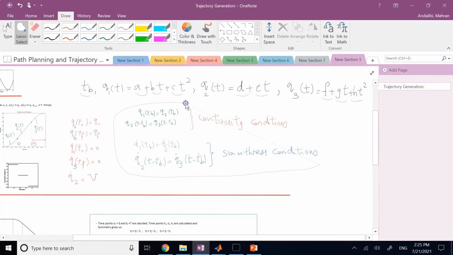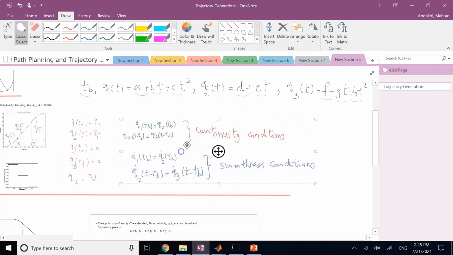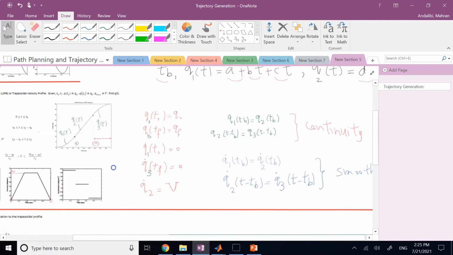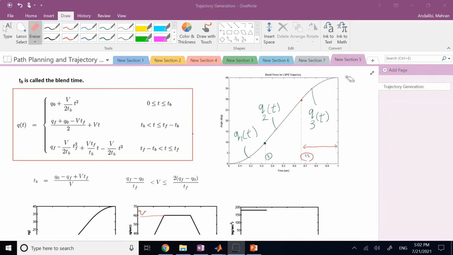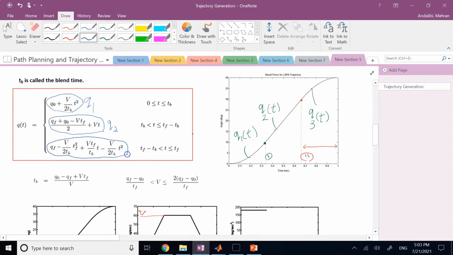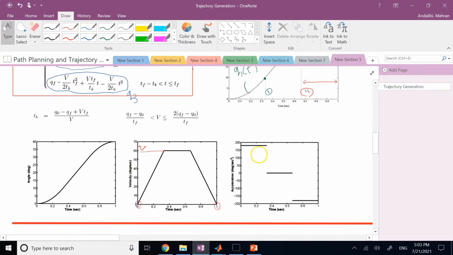And I should be able to solve the 9 equations with 9 unknowns, which if I do, I will get this criteria for q1, q2, and q3, correct? So this is your q1, this is your q2, and this is your q3, where each one of them is only valid for a specific time period. First one between 0 to time blend, as you can see.